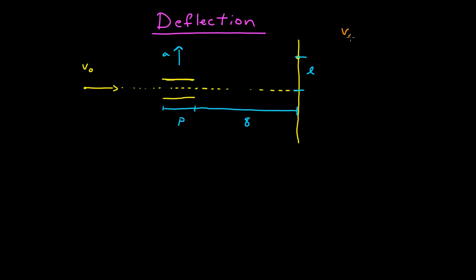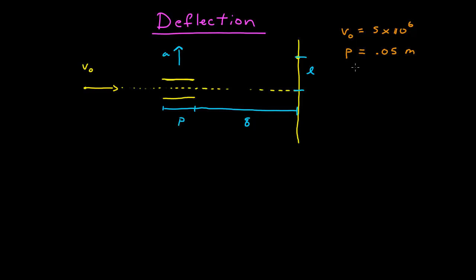Just to throw out some speeds, we'll give it 5 times 10 to the 6, about 1% of the speed of light. The plates themselves, P is only about 5 centimeters in length, so that's 0.05 meters.